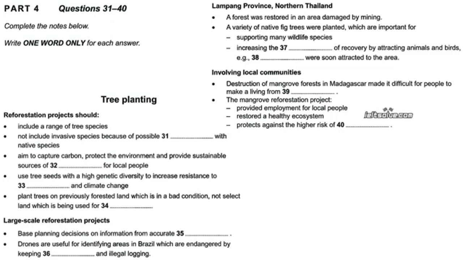Drone technology is a useful tool in helping to prioritise and monitor areas of degraded forest for restoration. In Brazil, it's being used to identify and quantify how parts of the Amazon are being devastated by human activities, such as rearing cattle and illegal logging.